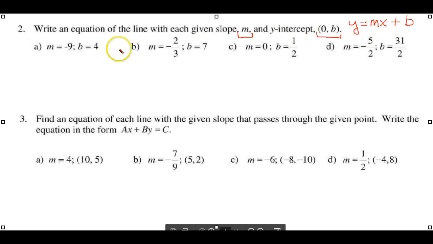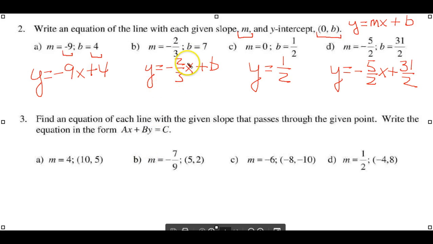So all we need to do is take our slope, put that where m is, and our y-intercept, and put that where b is. So we'll give you a chance to write these out following these instructions.